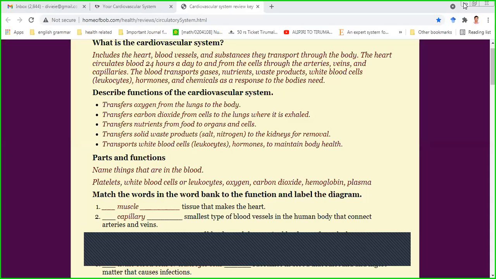Cardiovascular system. See here, so cardiovascular system. So this is the heart, or you can say this is the entire part of the human body. This is the upper portion of the heart. So head and arms, and these two are lungs.